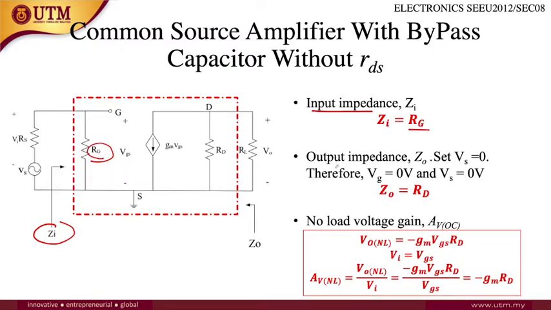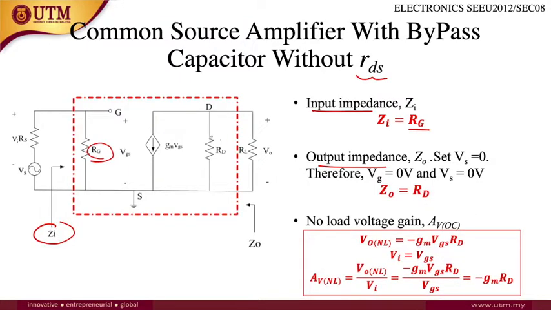For the output impedance, since RDS is not taken into account in this AC equivalent circuit, the output impedance is always the same value as RD.